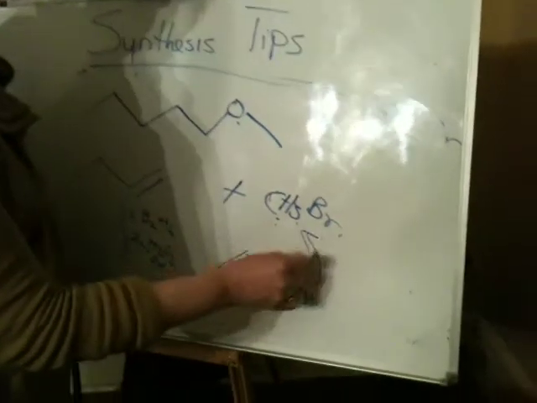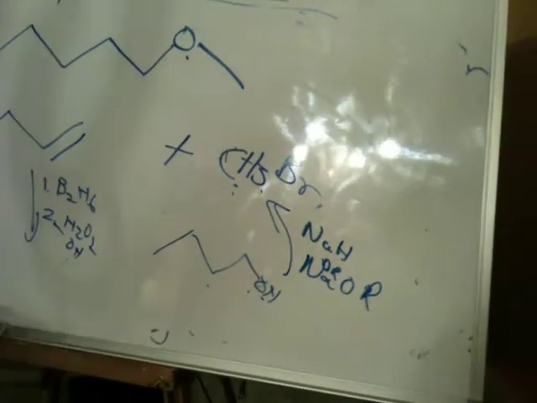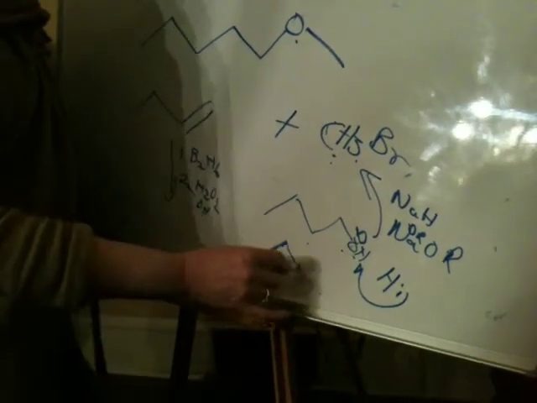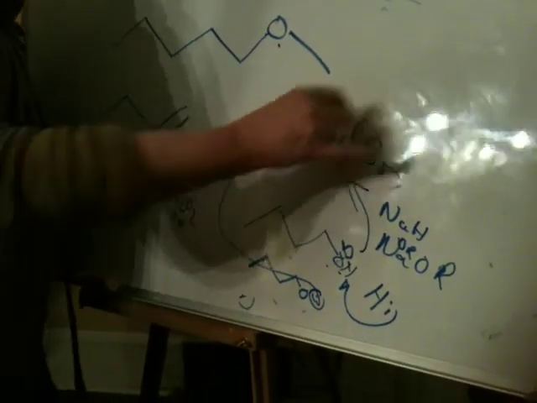So what you could use would be maybe sodium hydride, sodium methoxide, or sodium alkoxide of some kind, or you could use super base, but I think super base is a little bit too super. This hydride will pull that H off, and it'll form this alkoxide. And if you get the alkoxide with this alkyl bromide, you can do a direct substitution to form that product.